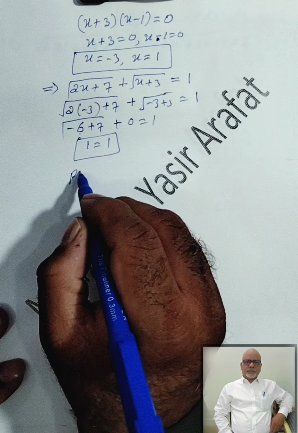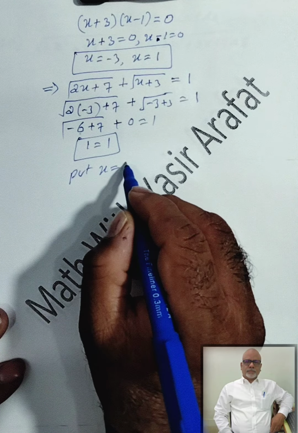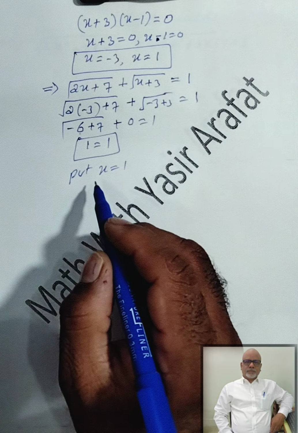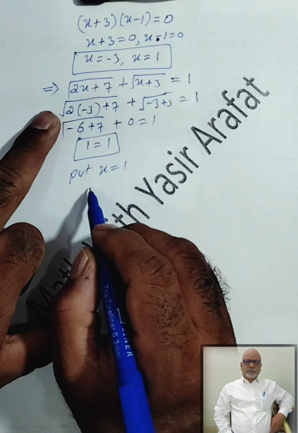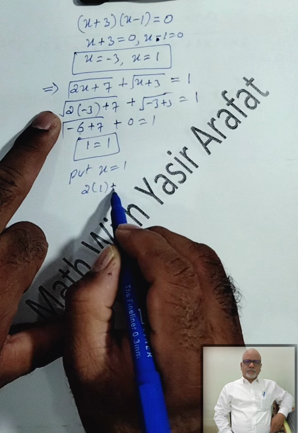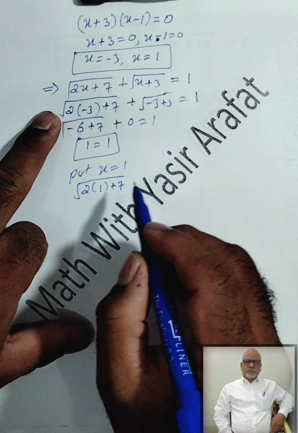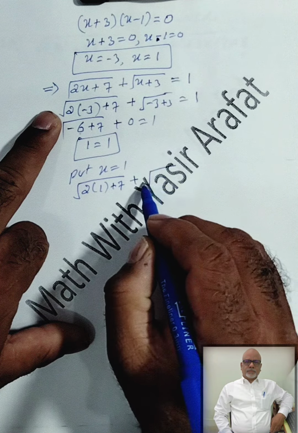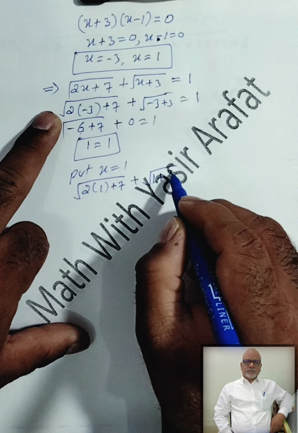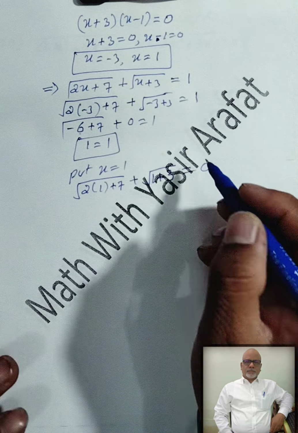Now we have to put x is equal to 1 again in the same question here. So this is 2 plus 7 and this is 1 plus 3, it is equal to 1.